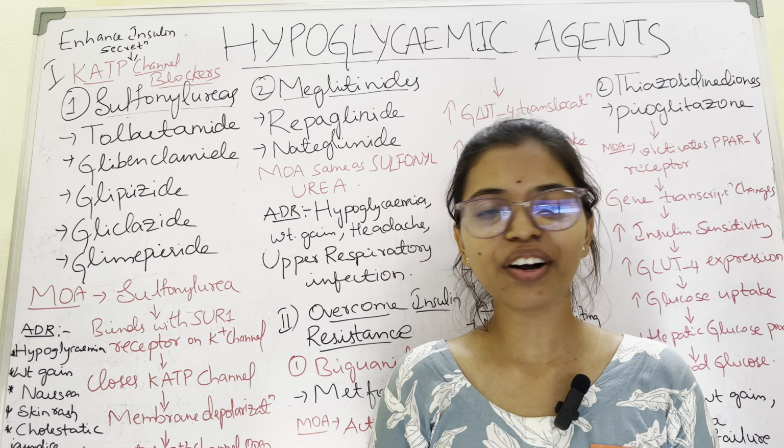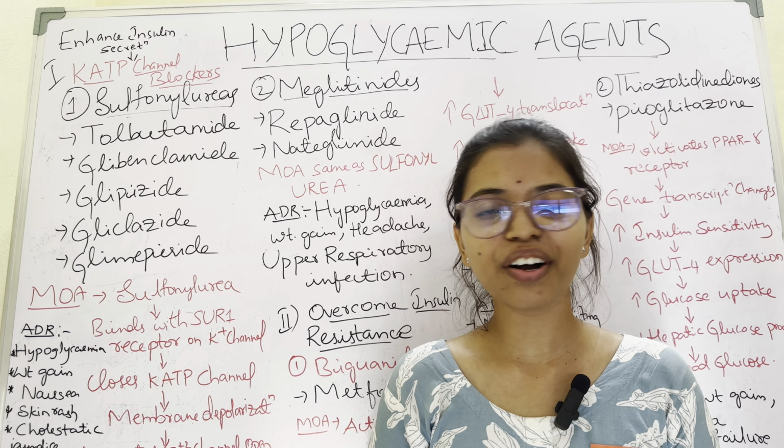The location of SUR1 is on the surface of the potassium ATP channel of the beta cell.